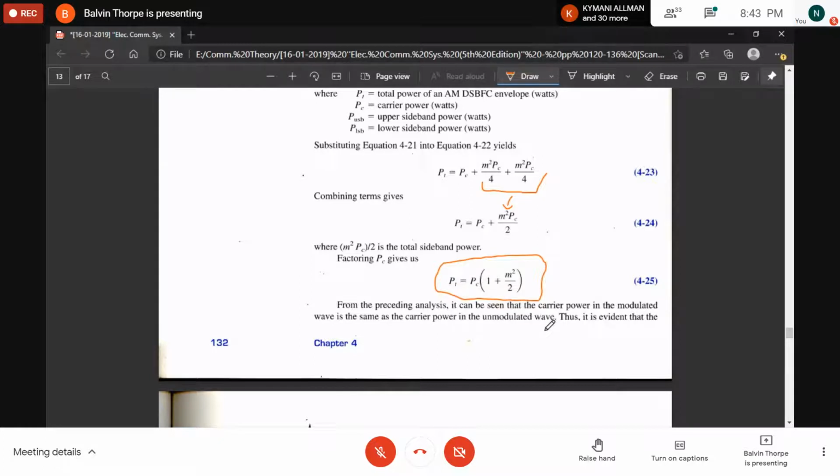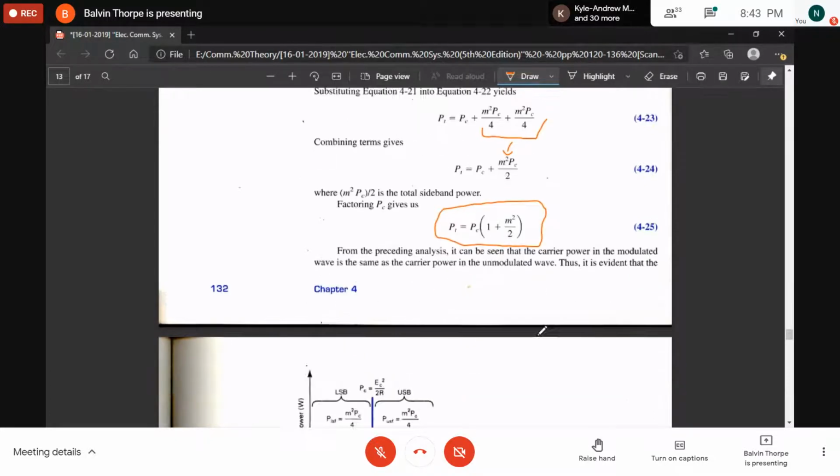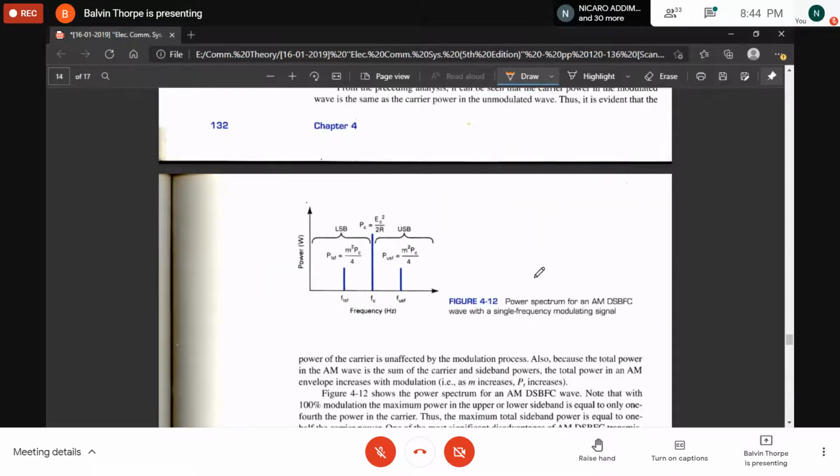We don't even need the carrier expression in terms of voltage anymore. All we need is to know PC, and we can say that total power equals PC times 1 plus m squared over 2. Any questions?